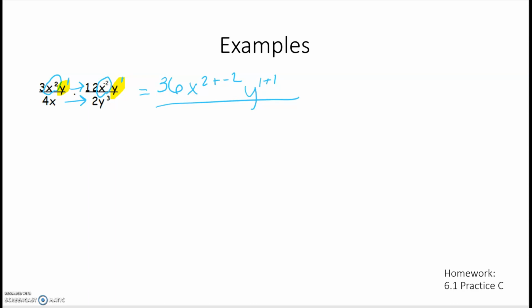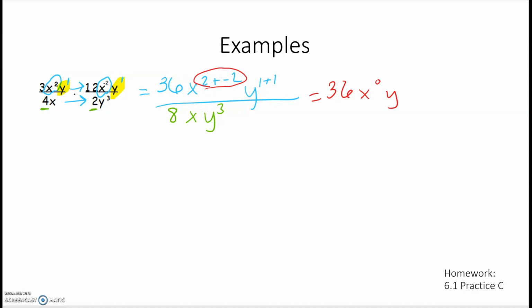Okay, now I gotta take care of the bottom. So I have 4 times 2, that's 8. And I only have one x, so x, and then a y to the third. Okay, now I need to simplify. So up top, I've got 2 plus negative 2. 2 plus negative 2 is 0.